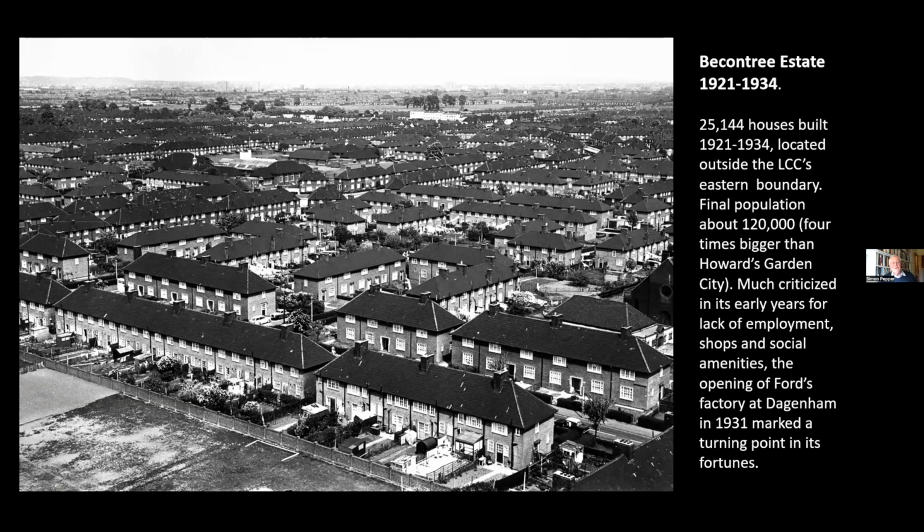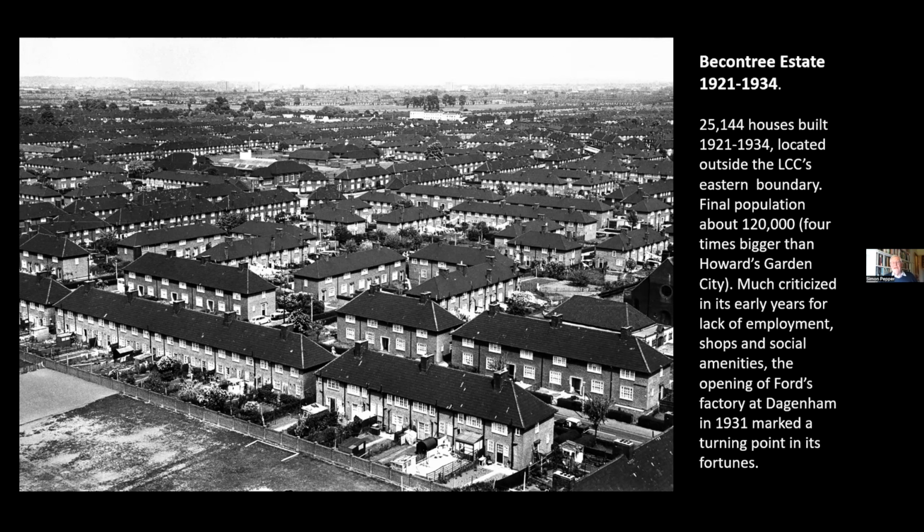The biggest of them all was Becontree. This is a picture that's both true and untrue. It's a photograph, and it shows the systematic use of the simplified housing types extending over a vast area. The site as a whole covered 3,000 acres, 4 square miles, situated just outside the London County Council boundary in Essex, and rather inconveniently straddling three other local authority areas.